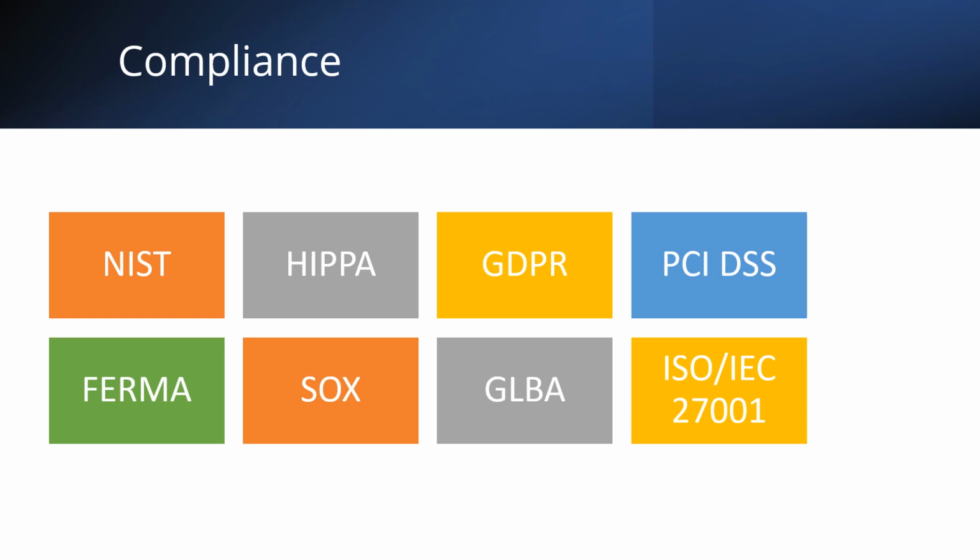Regulations like PCI DSS, HIPAA, SOX, GLBA, and GDPR all impose additional requirements specific to industries such as finance, healthcare, and data privacy, in terms of necessitating compliance with stringent security controls and data protection measures.